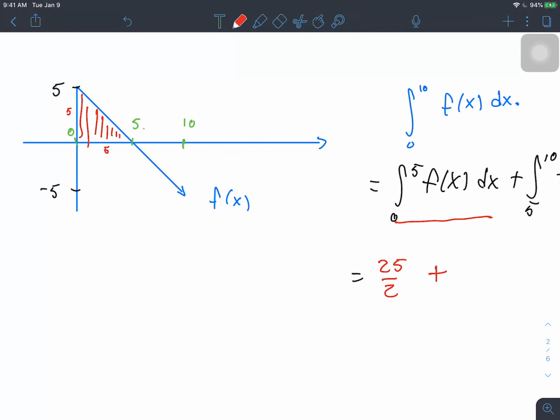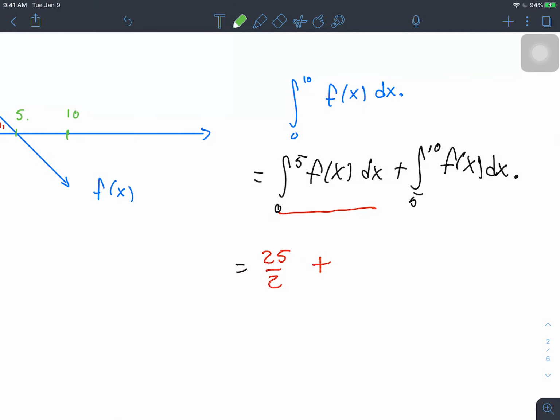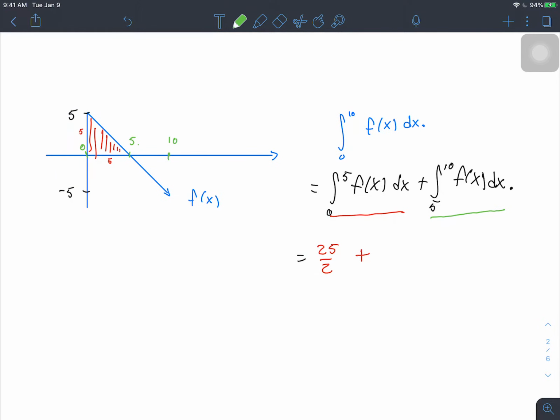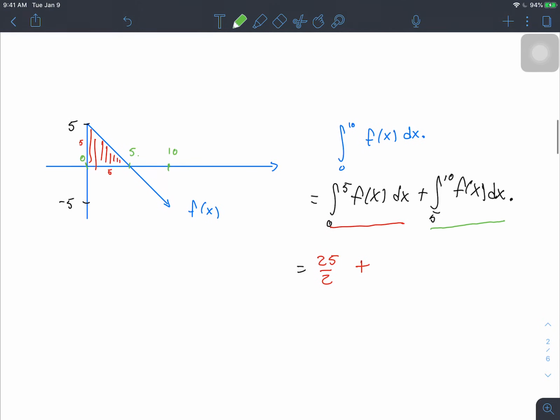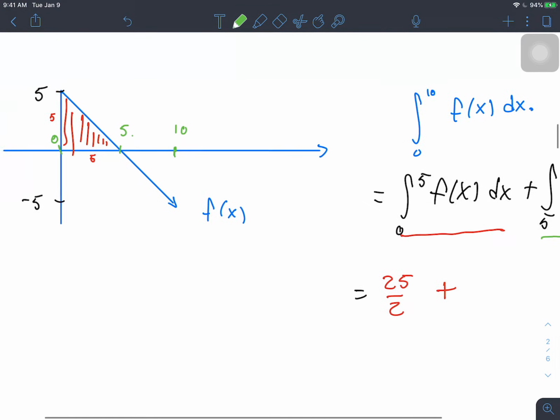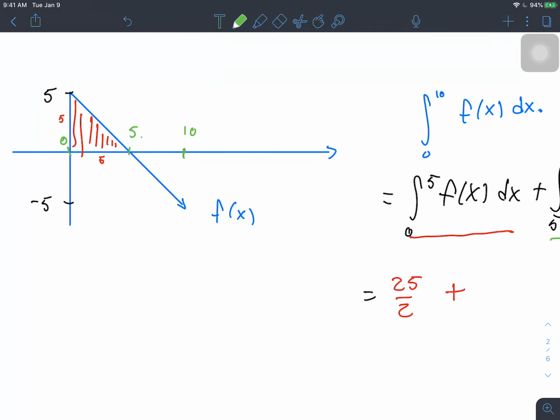Now we'll do a plus sign, and now let's compute the integral from 5 to 10 of f of x dx, using the rule that we just used. So I know that f of x in this region is beneath the x-axis. So to compute the integral from 5 to 10 of this function, I should take the area that's between this function and the x-axis and take the negative of that area.